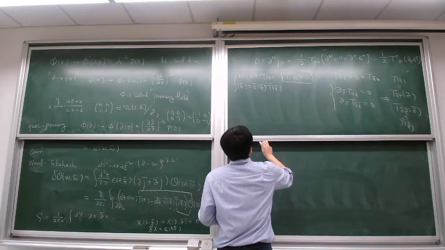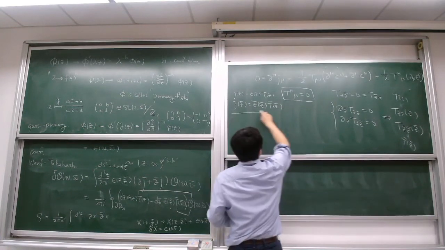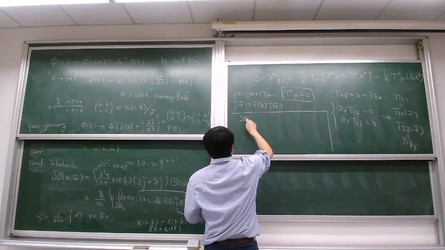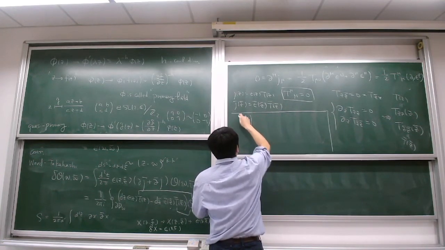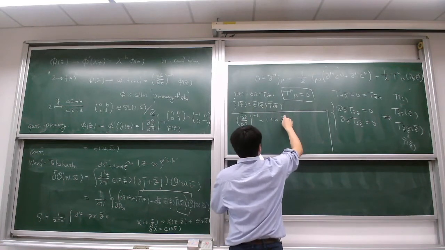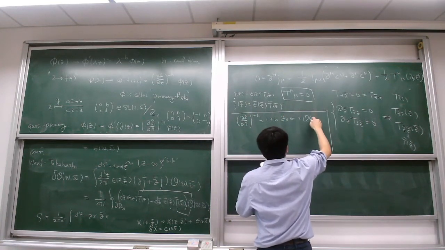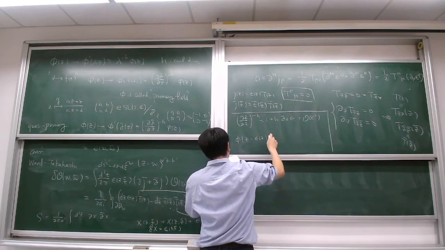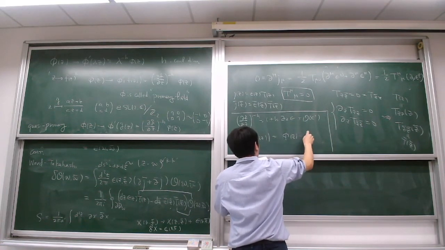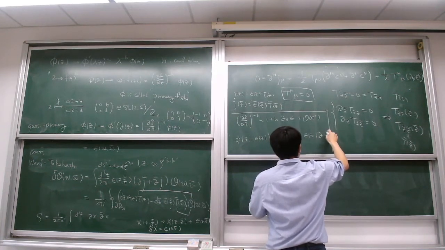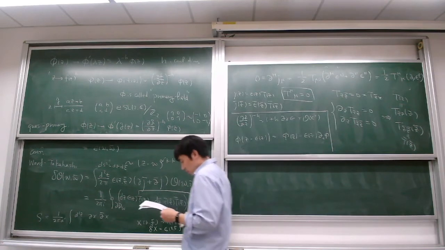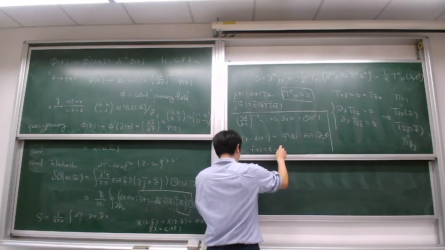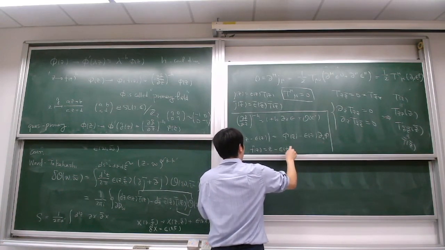So I take the infinitesimal transformation of this one, with minus h times the derivative of epsilon plus the rest. So f of z is just an infinitesimal transformation, like this one.